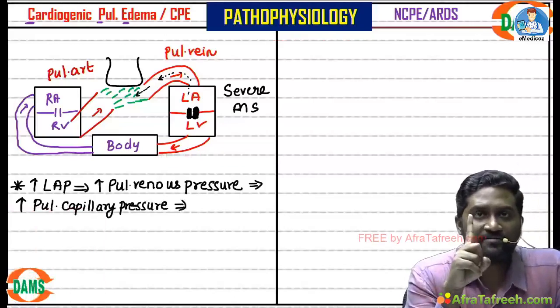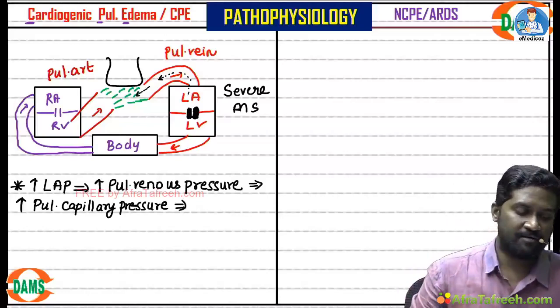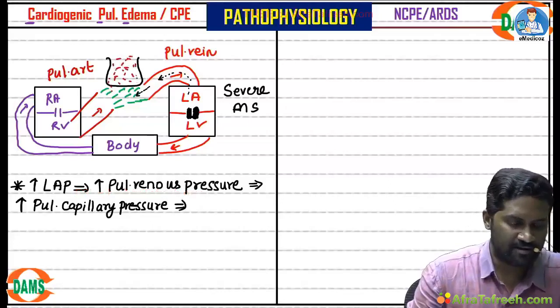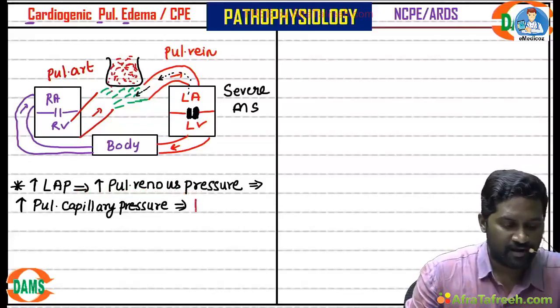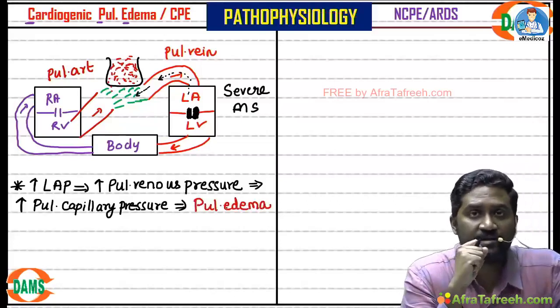Either increased hydrostatic pressure or decreased oncotic pressure. Now what is happening in the capillaries? Increased hydrostatic pressure. So from the capillaries, blood and fluid will start accumulating in the alveoli. This phenomenon is called pulmonary edema. Now because alveoli are filled with blood and fluid, the patient will develop cough.